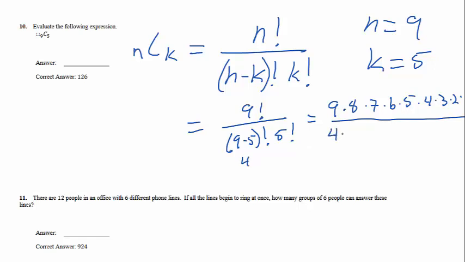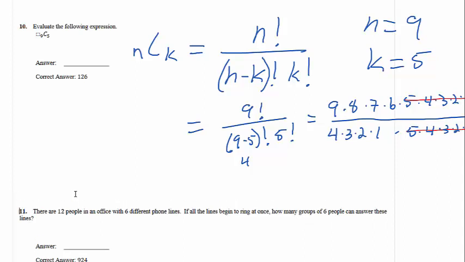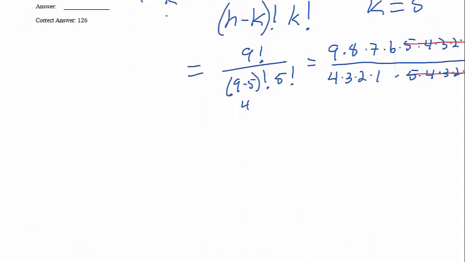So that's 4 times 3 times 2 times 1 times 5 times 4 times 3 times 2 times 1. Now you'll notice that these guys will cancel out these guys, and I end up with 9 times 8 times 7 times 6 over 4 times 3 times 2 times 1.